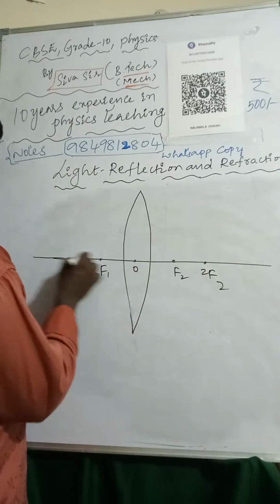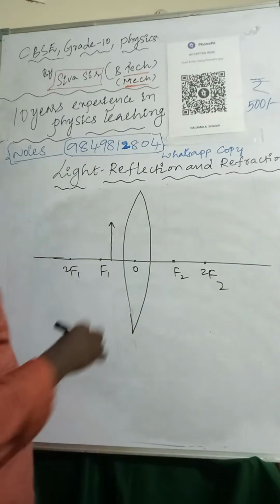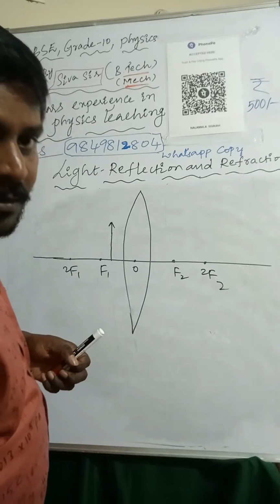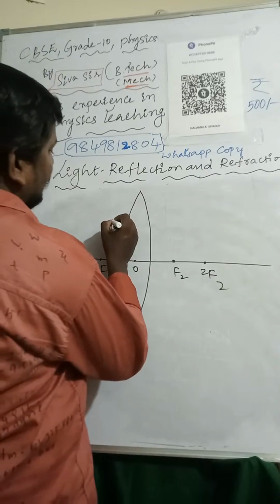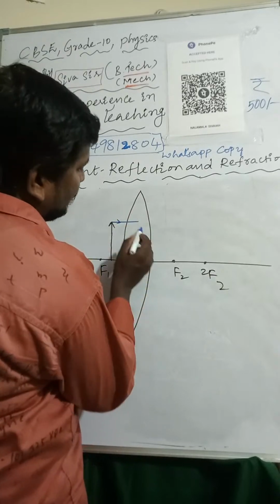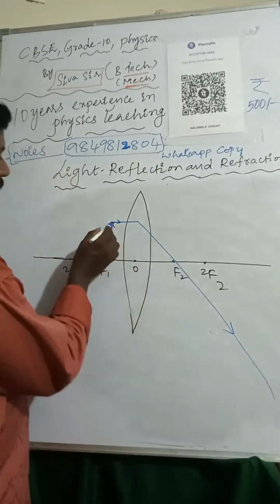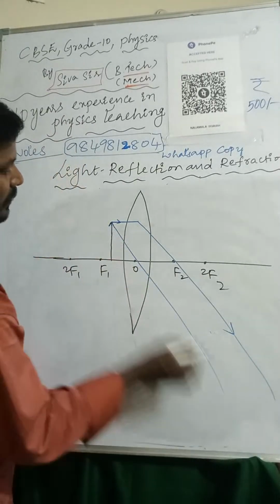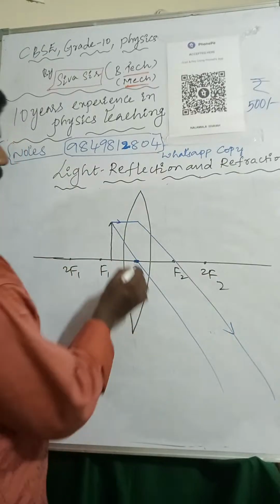So one light ray I am taking. The object is placed here. One light ray I am taking like this, it passes through focus. Another light ray passes through optic center.